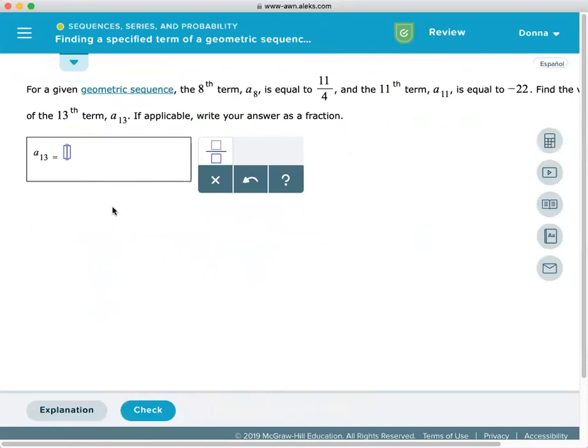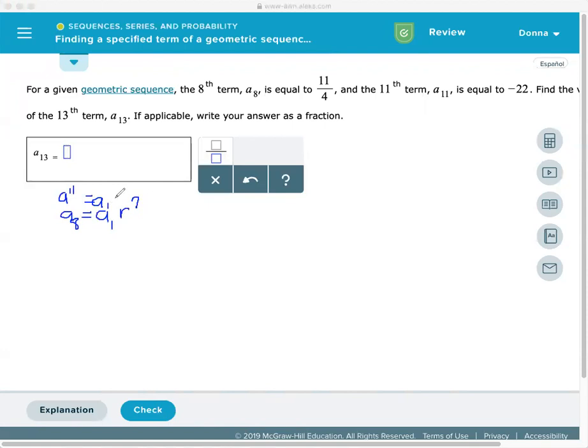And so if we take A8, that's equal to A1 times R to the 7th. And then A11, let's write that one first since it's the larger one. That's going to be A1 times r to the 10th.